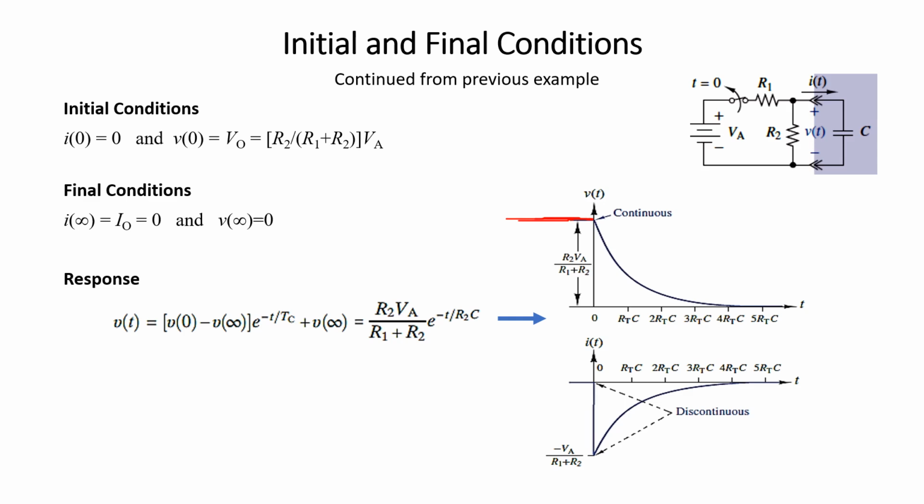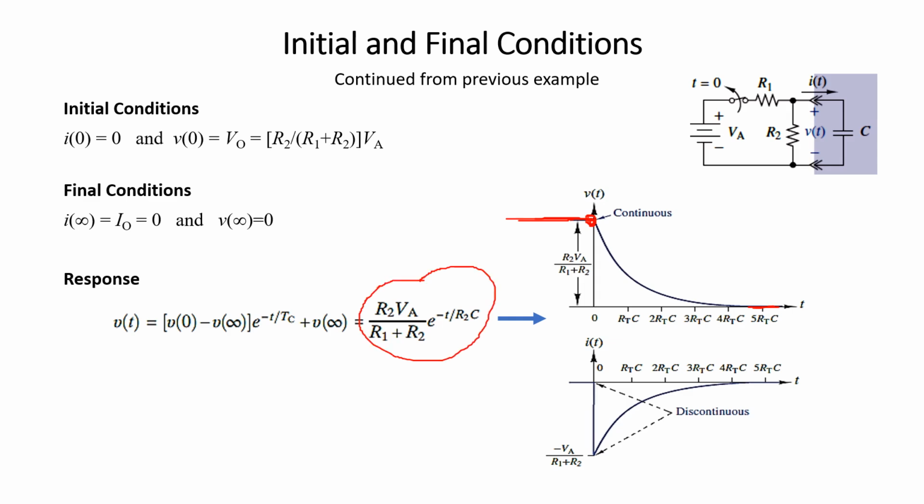We determined the voltage across the resistor, R2 divided by R1 plus R2 times VA, and this is the initial value of the voltage across the capacitor. The final value of the voltage across the capacitor is 0, and this is the expression of the voltage.